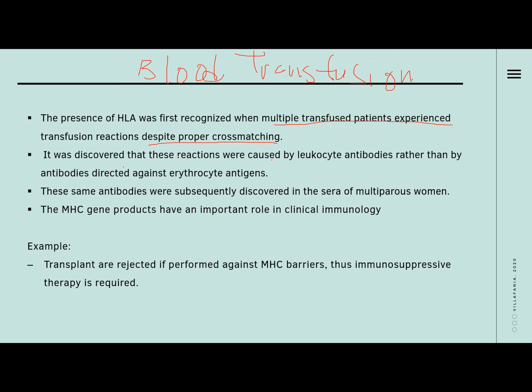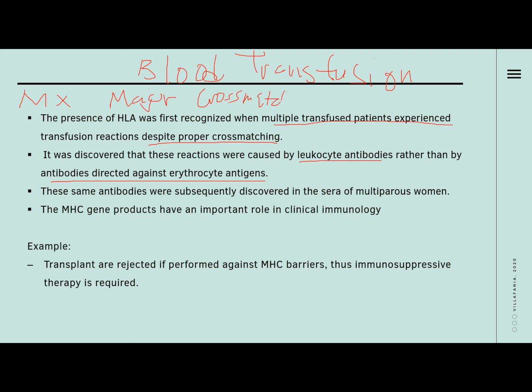And it was discovered later on that these reactions were caused by leukocyte antibodies rather than antibodies directed against erythrocytic antigen. Do you remember in cross-matching, class? Especially in the major cross-match.